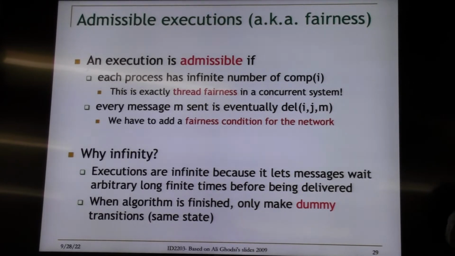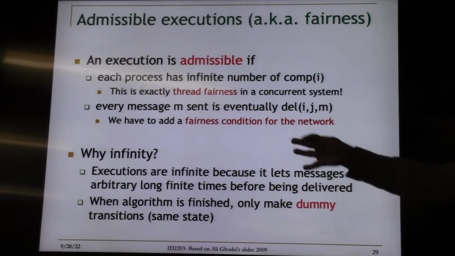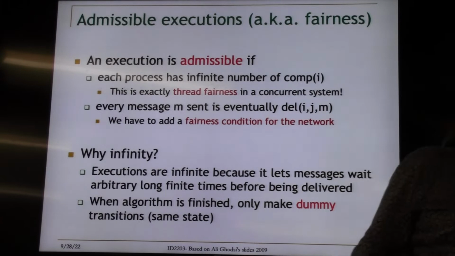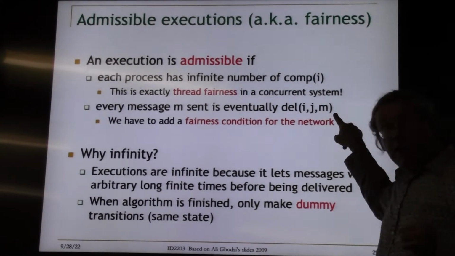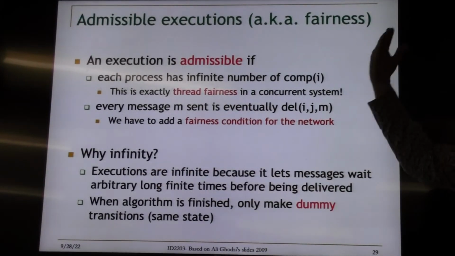Remember what we saw last week? In the asynchronous model, when you send a message, it can take arbitrary time, and it can be even very, very long. And in this model, this means that executions are infinite. The del event must appear in a finite time, but it can be very, very far, and we don't want to put a limit on that.